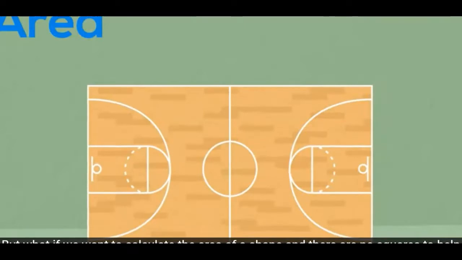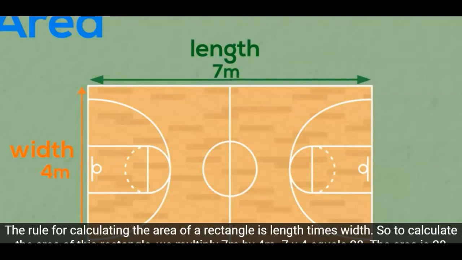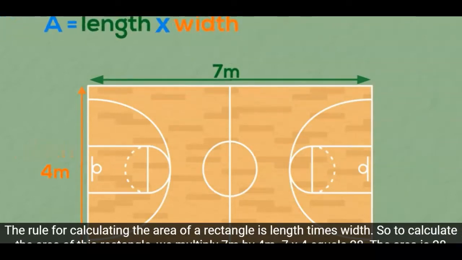But what if we want to calculate the area of a shape and there are no squares to help us? For example, this playing court. We will need to know the length and the width of our shape. The length is 7 meters and the width is 4 meters. The rule for calculating the area of a rectangle is length times width.